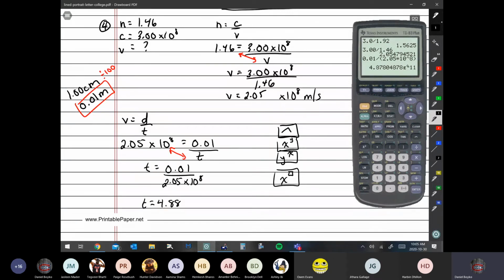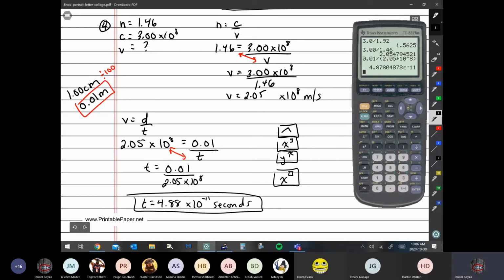And you might be like, wow, what? I've never seen a space in between my last number and then all of a sudden I got a weird number over here. What that means is, whether you have an E or a 10 times or a little space here, that means times 10 to the negative 11, and time is measured in seconds.